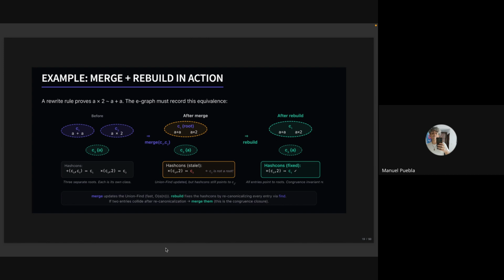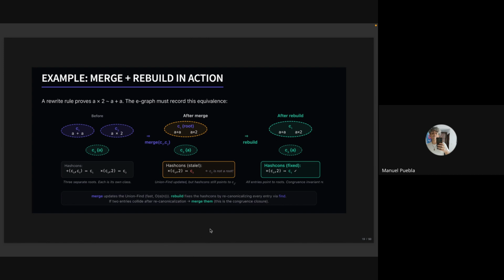So we have two pointers, one to C1 and the other to C2. After we merge, when we actually decide that A times 2 and A plus A are equivalent, they melt together into a single class, but the pointer that looks at the product of C3 and 2 is outdated. So we have to rebuild it by chasing all the references with the hash function.